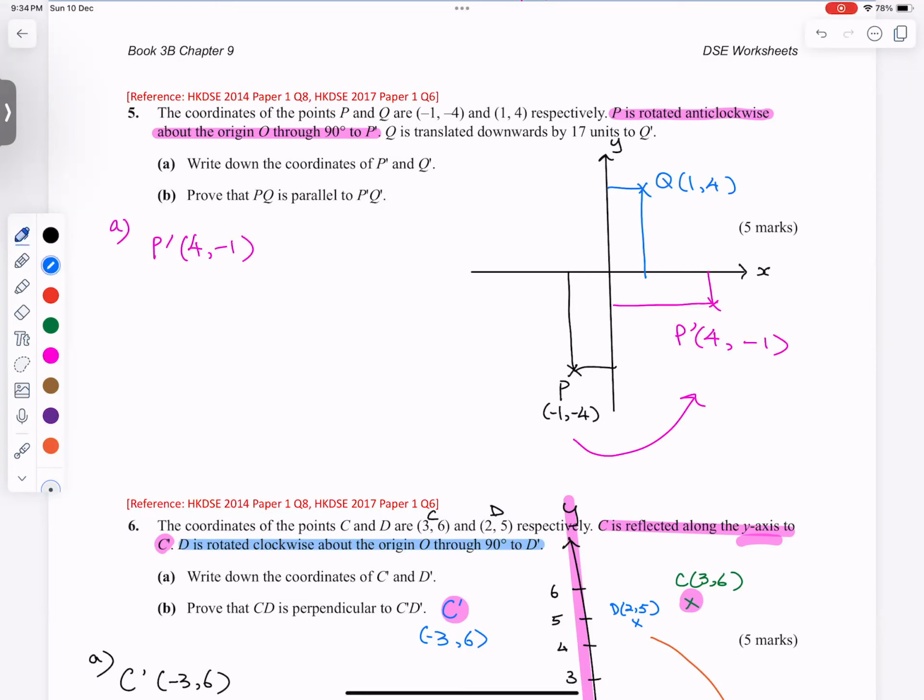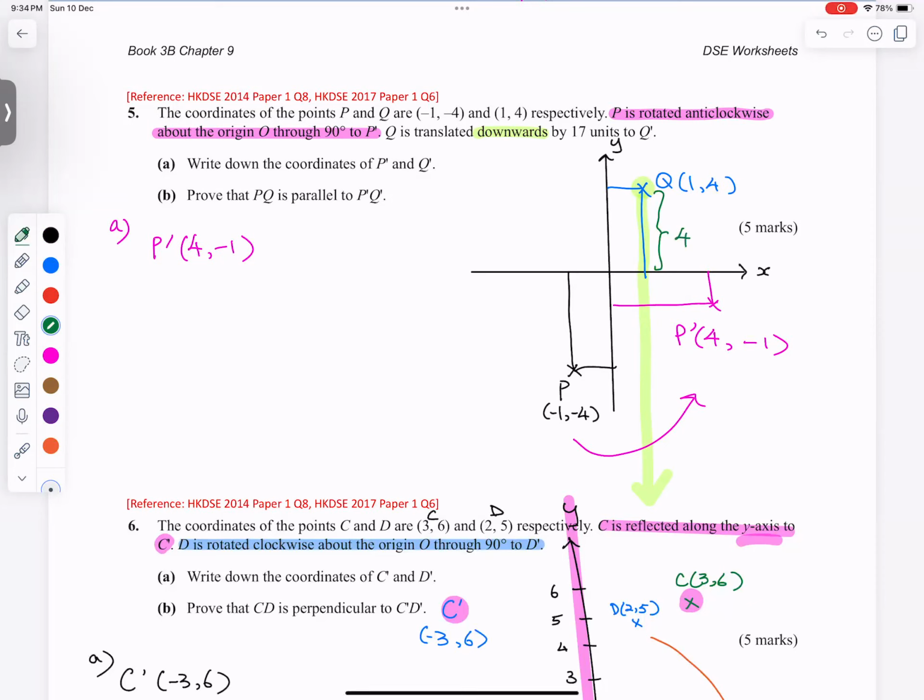How about for Q? What happened? Q is translated. Okay, translated means moving. So moving, how many? Downwards. So how many steps downwards? 17. So how many steps does it originally have from up to here? 4.